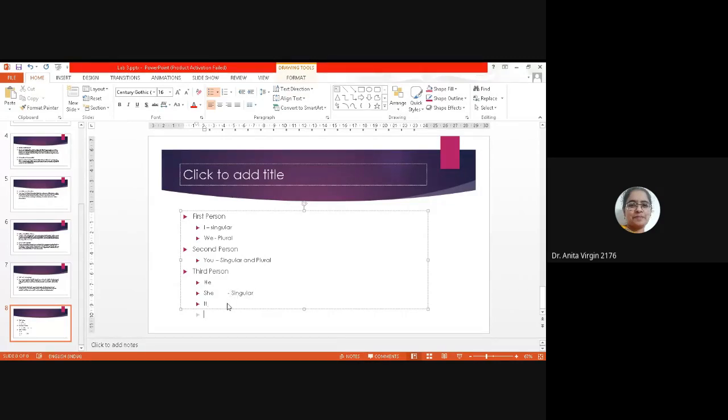Now we have a plural form for this. What is that? He is there, she is there, it is there, everybody is there. So how will you address them? A boy is playing, a girl is playing, a monkey is playing, all are playing together. How will you say?